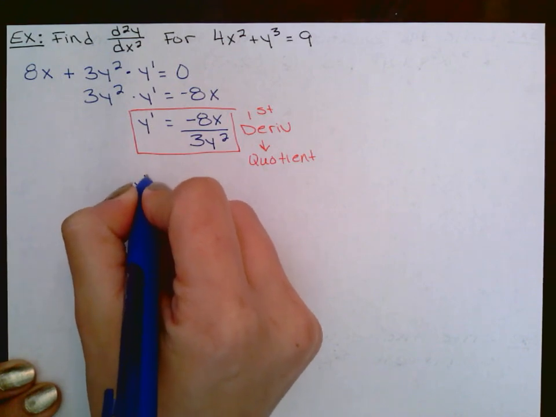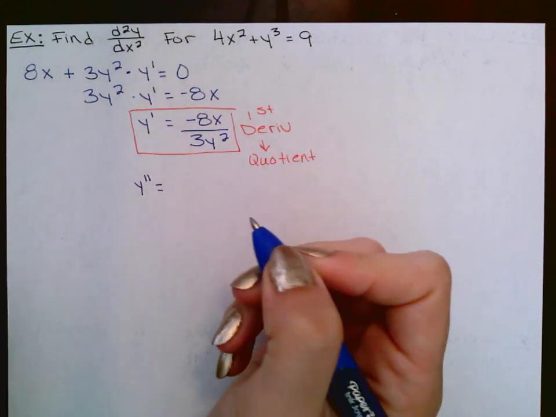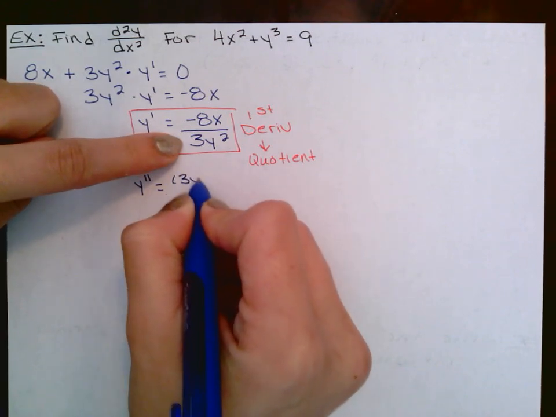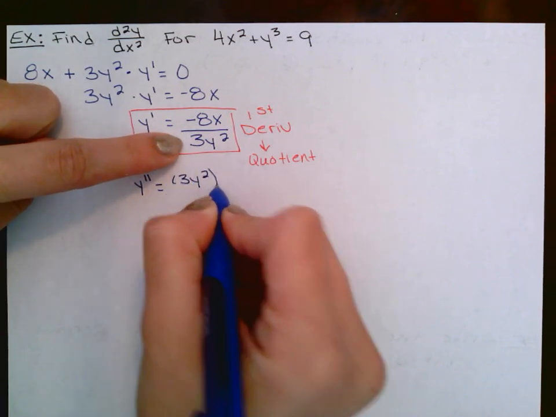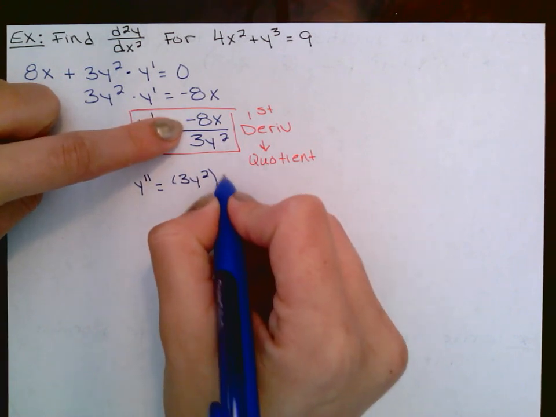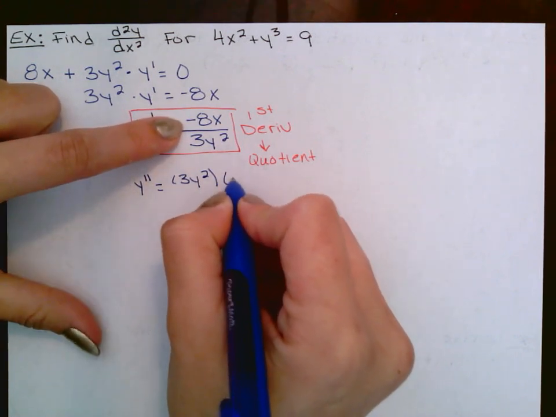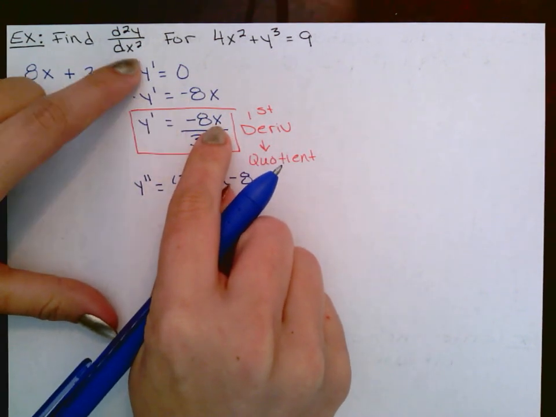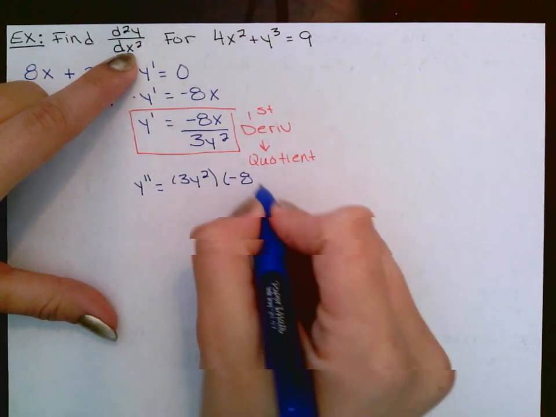Now moving on to my second derivative, and quotient rule is low, so just rewrite the bottom. D high, derivative of negative 8x is just negative 8. And because it's the same variable as the denominator, I do not have to do implicit.